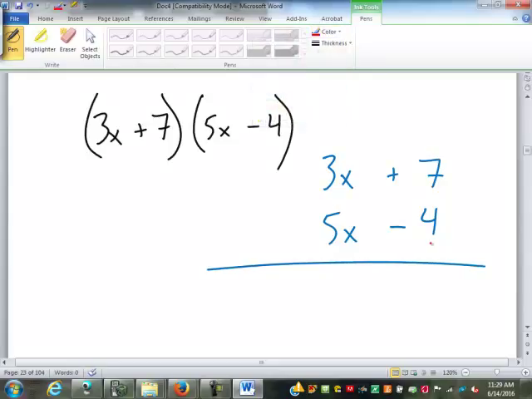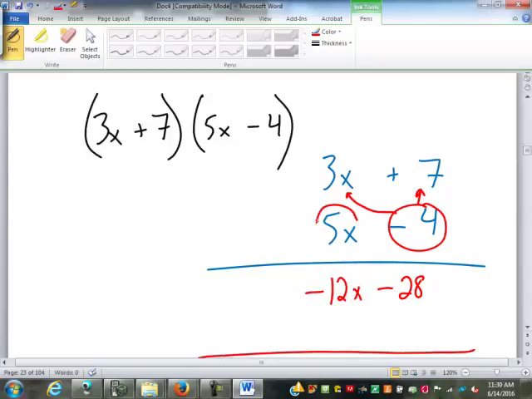So as we multiply here, we've got negative 4 times 7 is negative 28. Negative 4 times 3x, negative 12x. Then we move over 5x times 7, positive 35x.